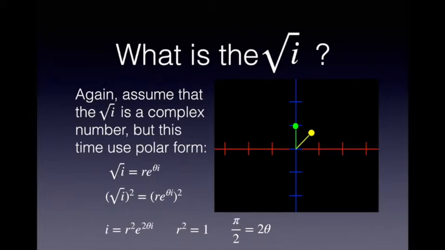radius times e to the theta i, where theta is the angle. So again, we have a radius r and an angle theta. Now, if we square both sides, on the left we're just going to get square root of i squared, that's i.